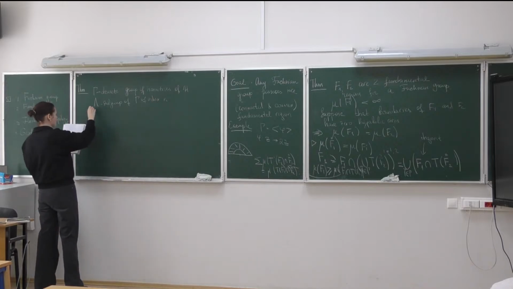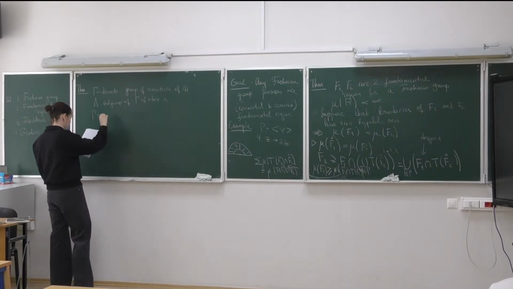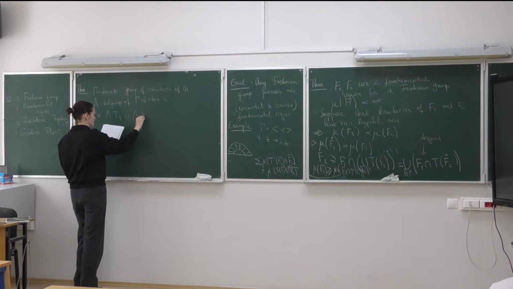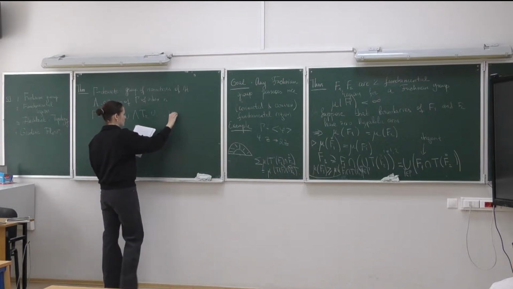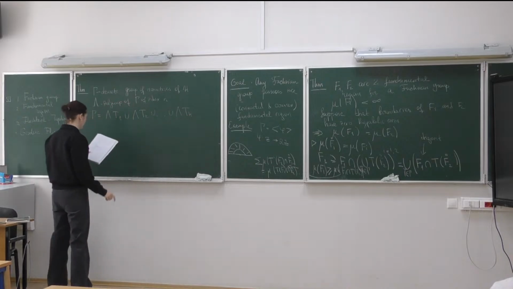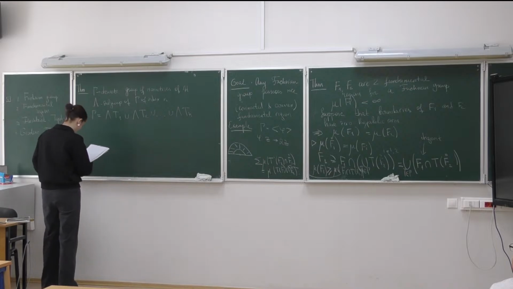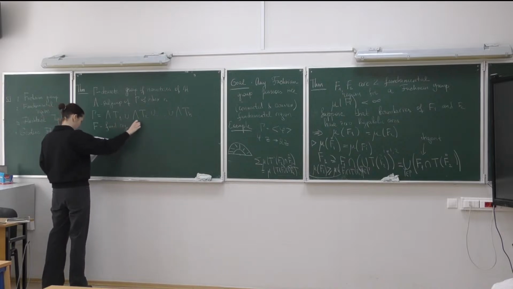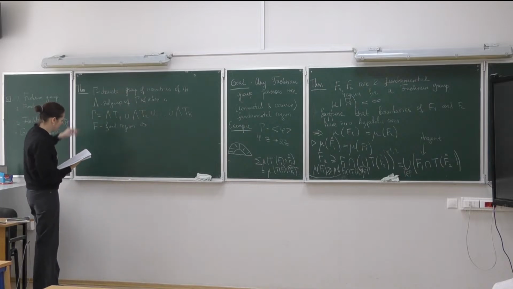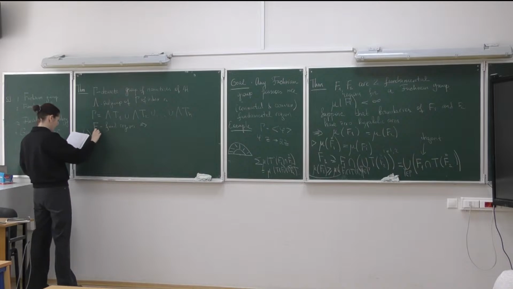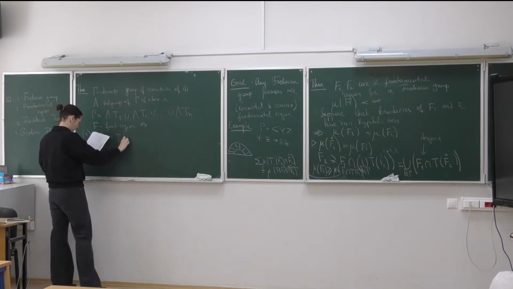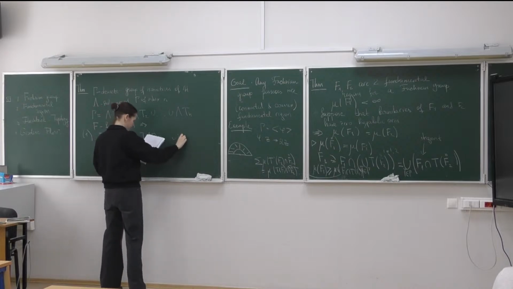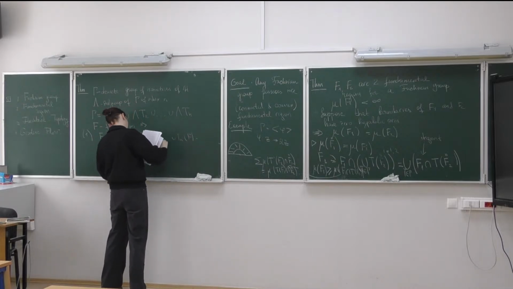And we consider the decomposition of gamma into the cosets, so this is decomposition into lambda cosets. If we know that F is a fundamental region for gamma, then we can say first that F1, which is constructed as T1F, T2F, up to TnF, is a fundamental region of lambda.